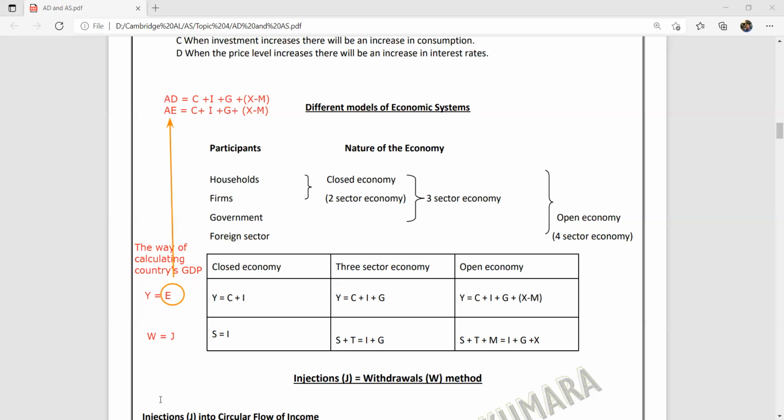Simply, once again, what we saved goes to the economy in the form of investment. So saving is exactly equal to investment, because investors use our money to invest.